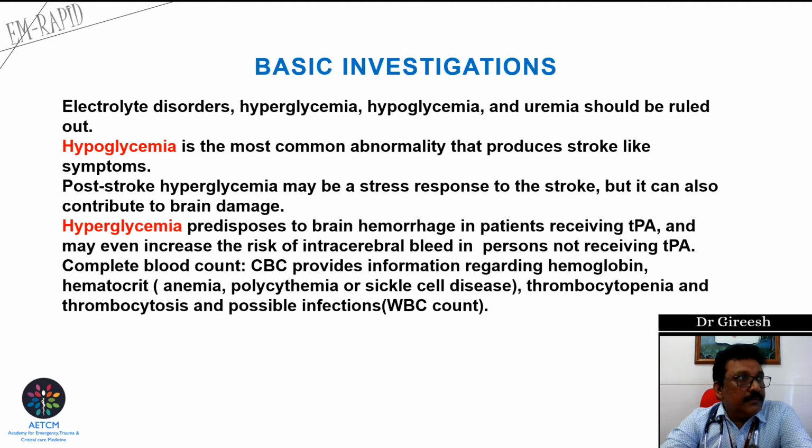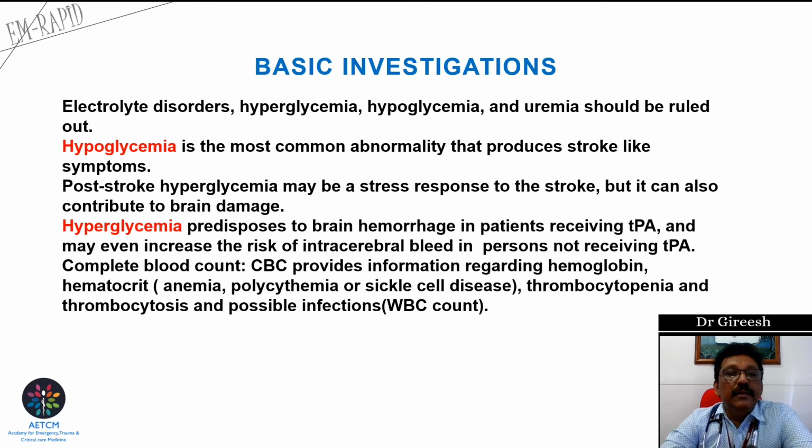Hypoglycemia mainly presents with acute onset of weakness, loss of consciousness, seizures, sweating. Hyperglycemia can also present as coma, called diabetic ketoacidosis or hyperosmolar coma. In both conditions, the patient can have stroke-like features. So blood sugar is most important.